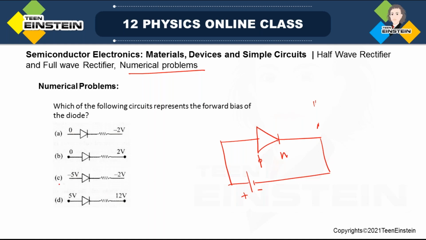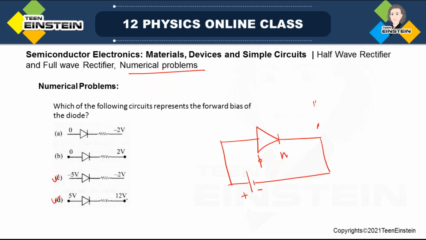But sometimes, look at C or D, it has neither purely negative nor positive: both sides negative, here both sides positive. So how do you understand whether it is forward bias or reverse bias?